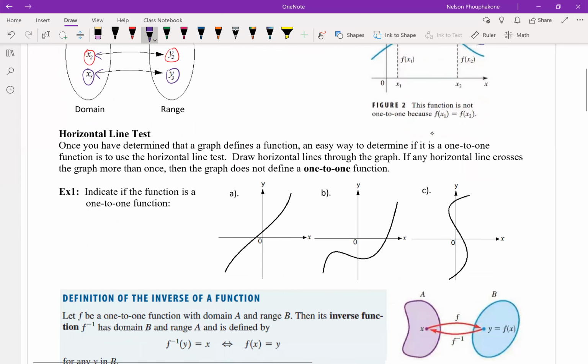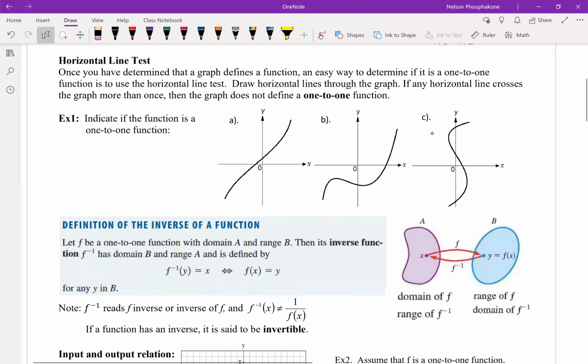Let's see if you remember how we indicate whether it's one-to-one or not. Example number one: indicate if the function is a one-to-one function. In this case, I have A, B, and C. A, yes, it is one-to-one, because it passed both the vertical line and horizontal line tests.